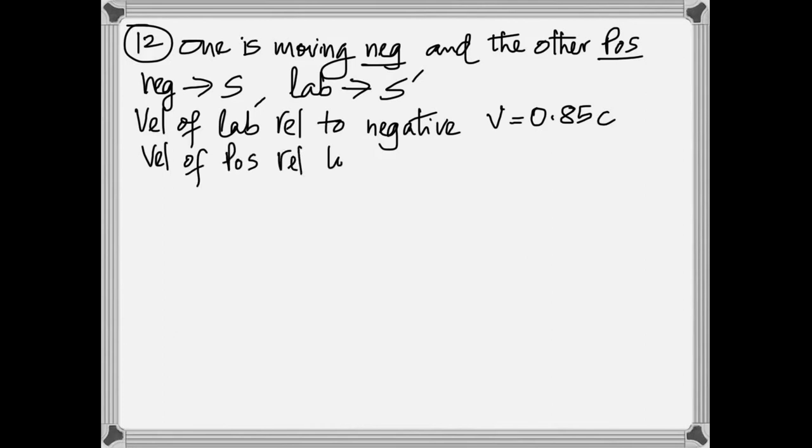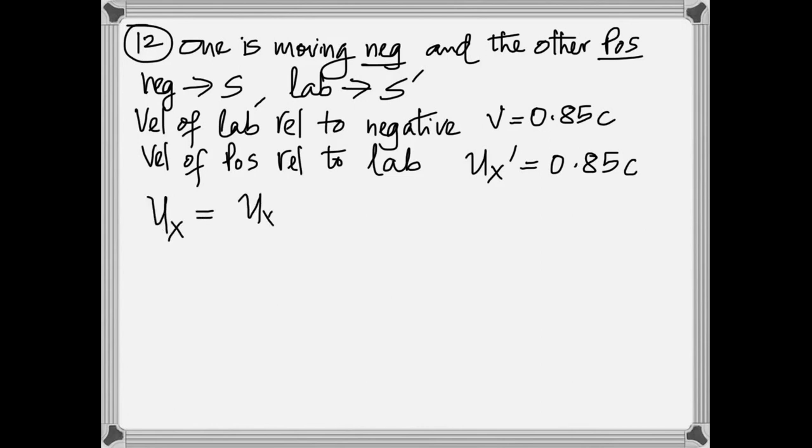And now the velocity of the positive particle with respect to the lab, which is our ux prime, is also 0.85 c. So now you can find ux using ux prime plus v divided by 1 plus v ux prime by c squared.